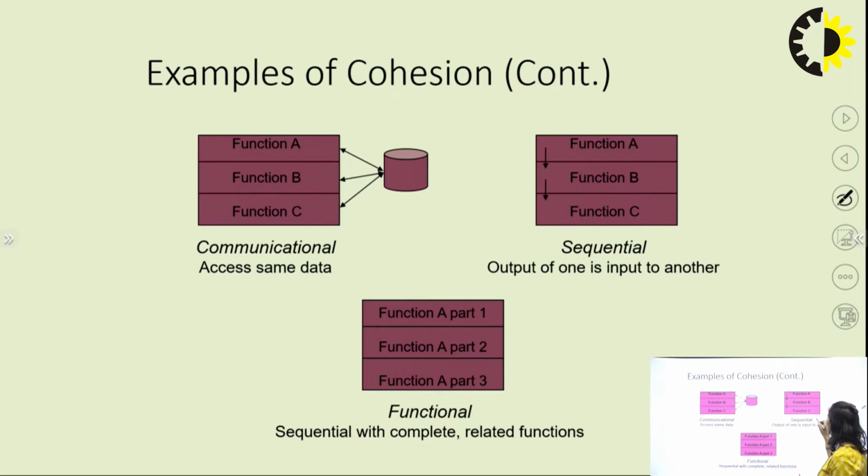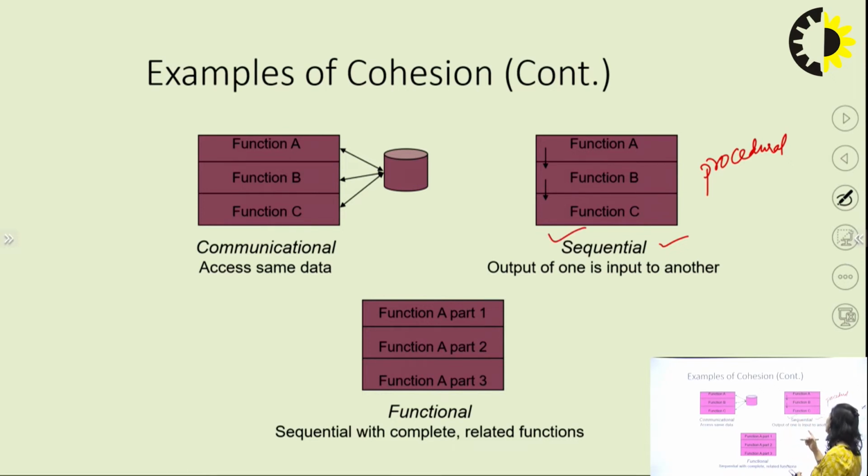Look here, sequential and procedural, the two things are there. Procedural means function A will be executed first, function B will be executed next, and then function C. But it is not saying that the output of function A will be the input to function B and the output of function B will be the input to function C. That will happen in sequential form.